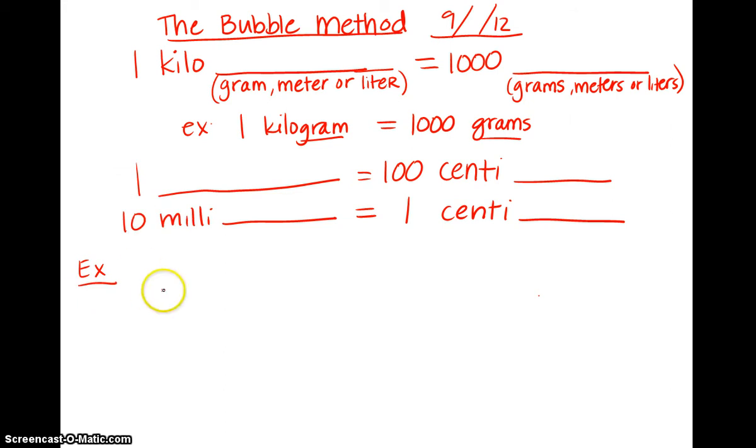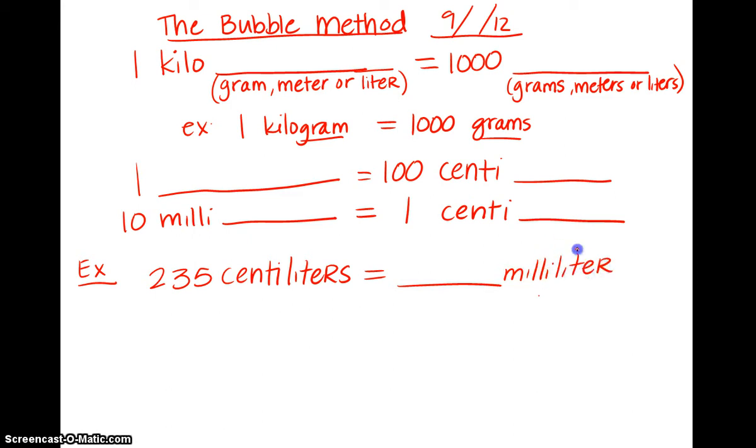Okay, this time let's say I have 235 centiliters and I want that in milliliters. Okay, so let's try this one. So remember, whatever I'm given, you just put that over 1. And I'm just going to abbreviate like that. Okay, so that's always your first bubble right there.